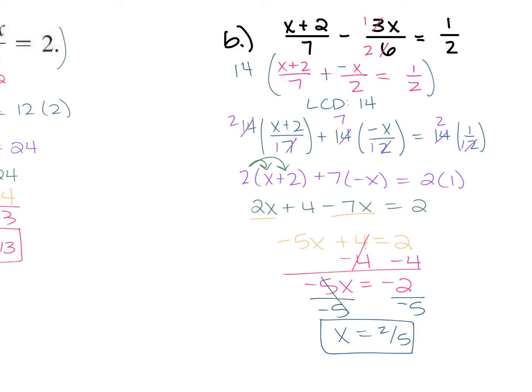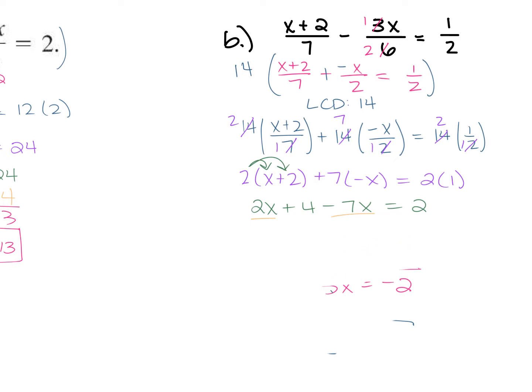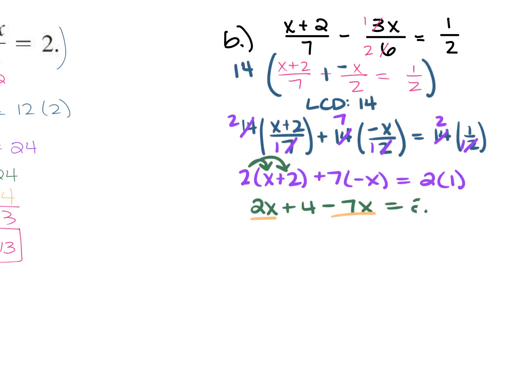Oh yeah, that is 7. That's why this is wrong. Okay, so let's backtrack here. So erase all of this. It'll be 7 times 1, so this is 7.